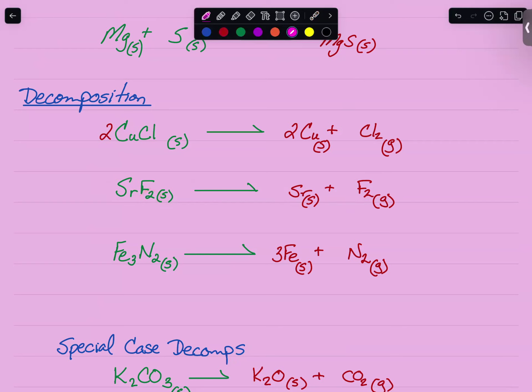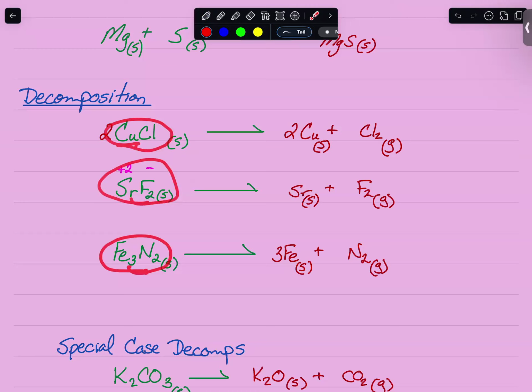We were given that, but that 2 is there because strontium was +2. Don't transfer those subscripts. Just watch your diatomics. So we've gone from a light metal over on the left-hand side, and now here's another transition metal. We've got iron.